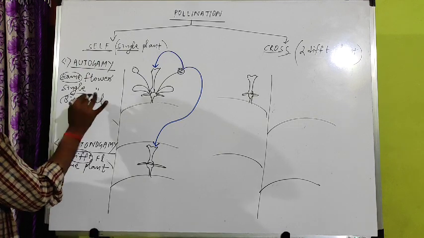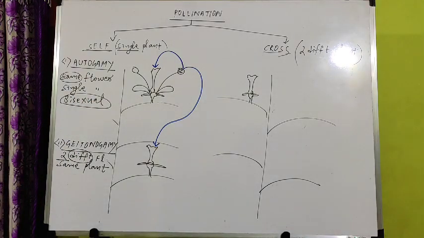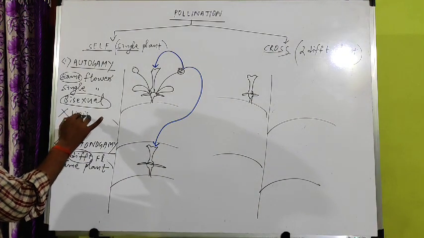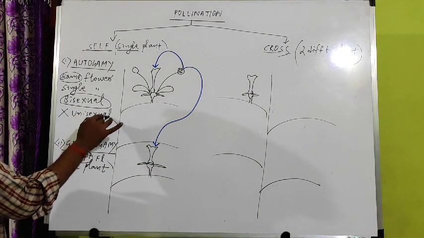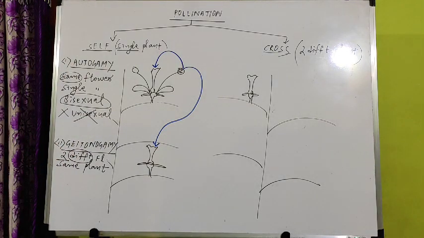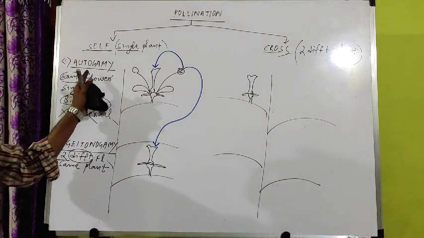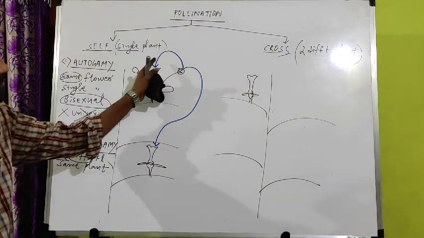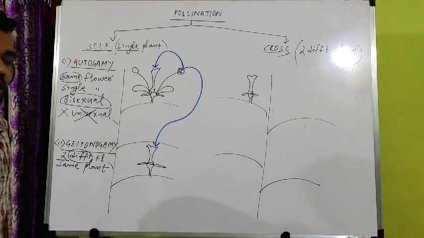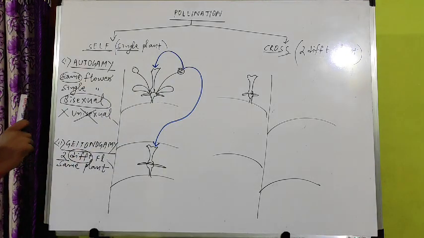So autogamy only takes place in bisexual flowers, it cannot occur in unisexual. If a flower is unisexual, you cannot imagine autogamy. That's why I have shown this diagram as bisexual.